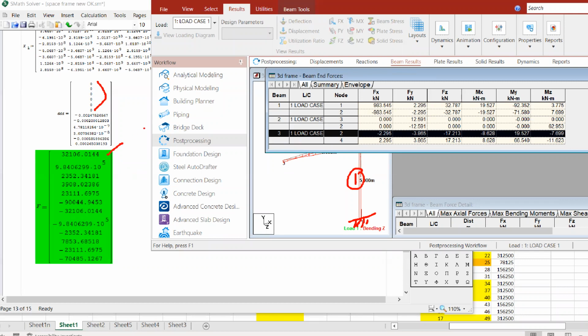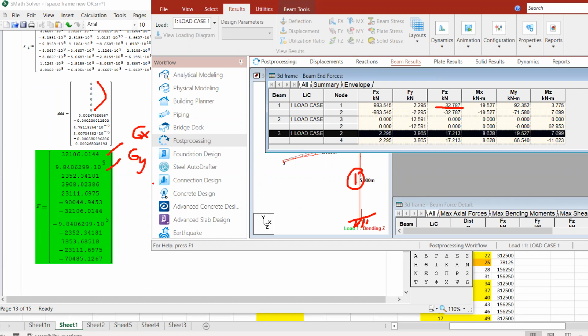Again, this is consistent with the global X, 332, which is member, this one. That's 32. Then this one is parallel to global Y.